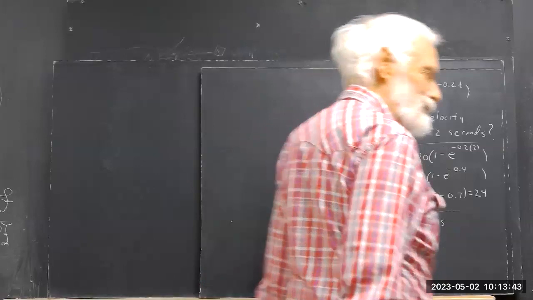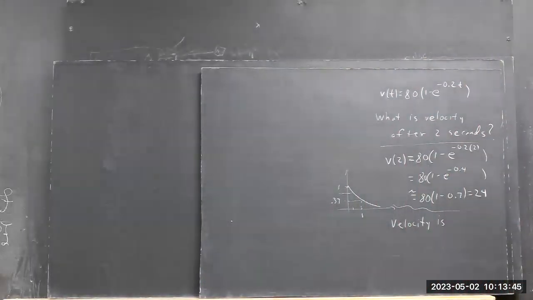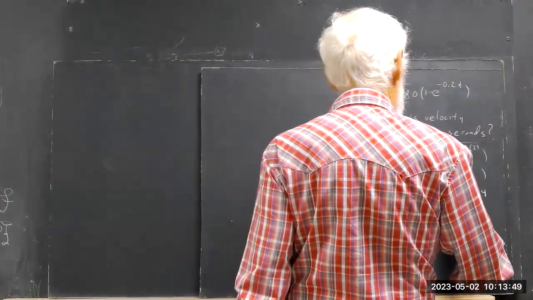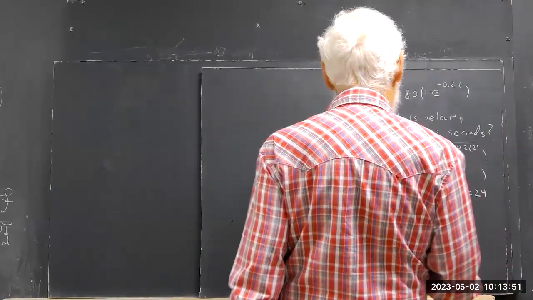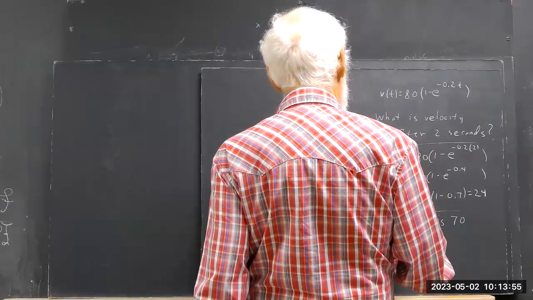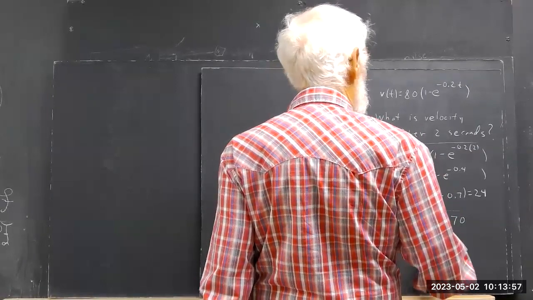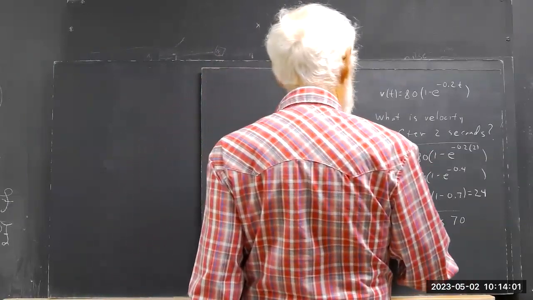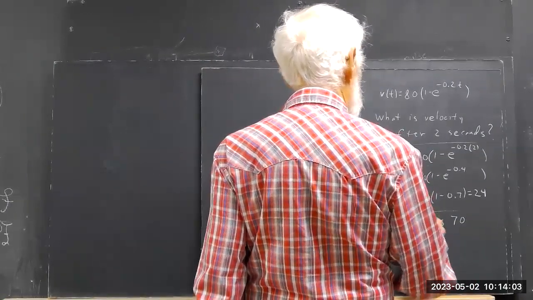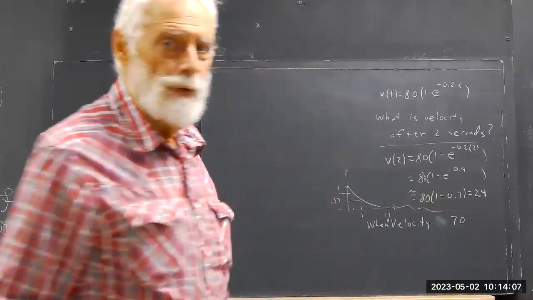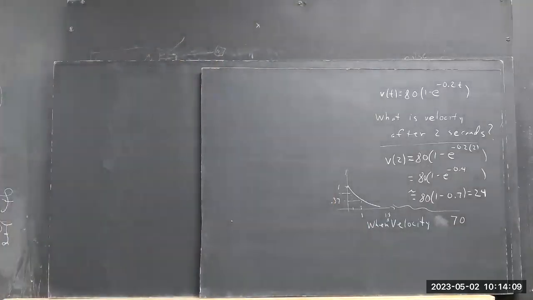When is the velocity 70? Okay, well, what would you do with that? Anybody have a suggestion?